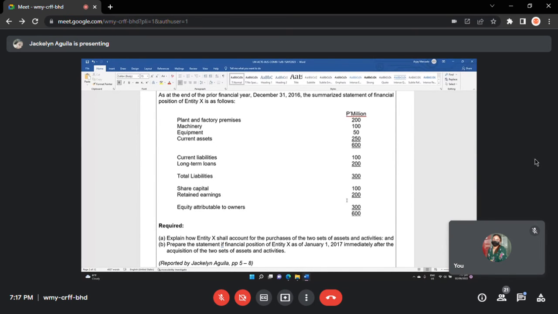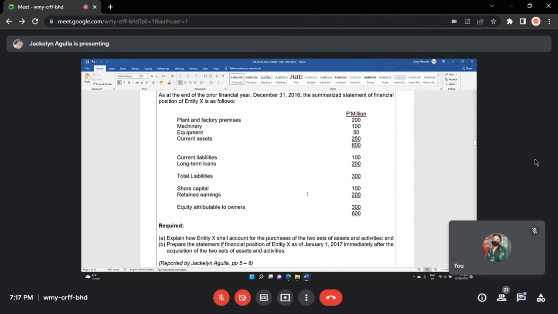In total is 600 million pesos. Current liabilities 100 million pesos, long-term loans 200 million pesos. Total liabilities is 300 million pesos. Share capital 100 million pesos. Retained earnings 200 million pesos. Equity attributable to owners 300 million pesos. Total is 600 million pesos.